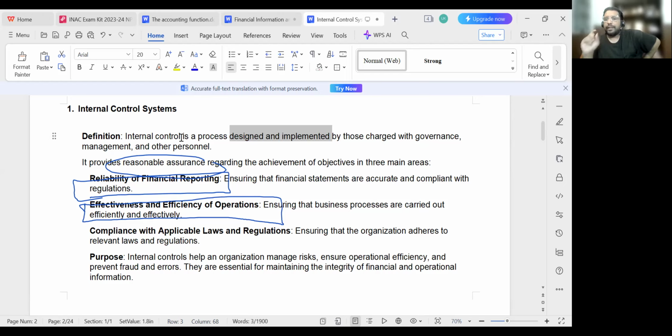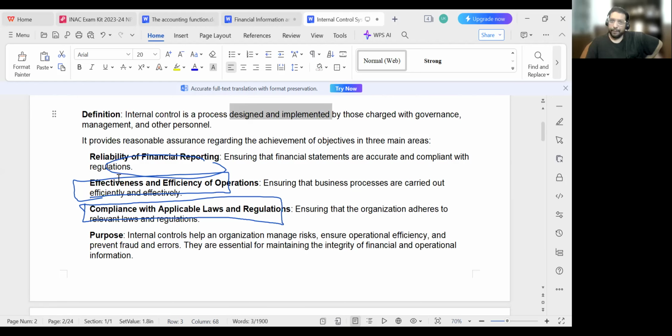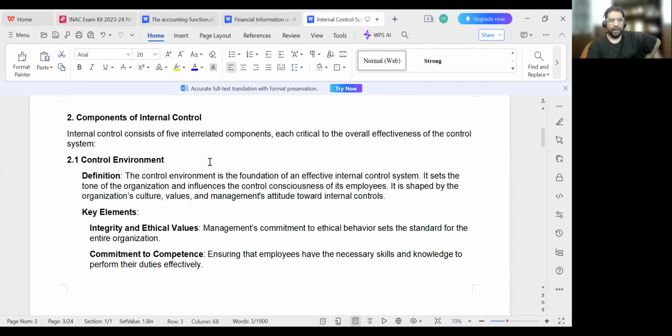If the internal control systems are working, it means you are complying with the regulations and laws as well. All right. So this is what an internal control system provides to a company. Okay. Then we have components of internal control system.